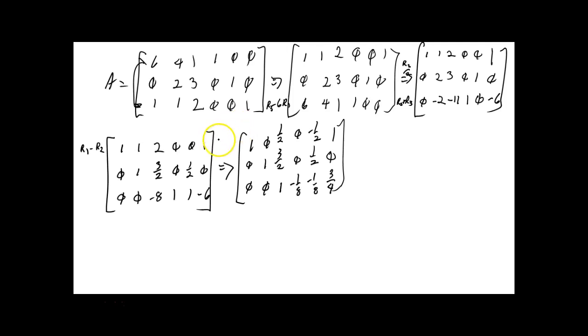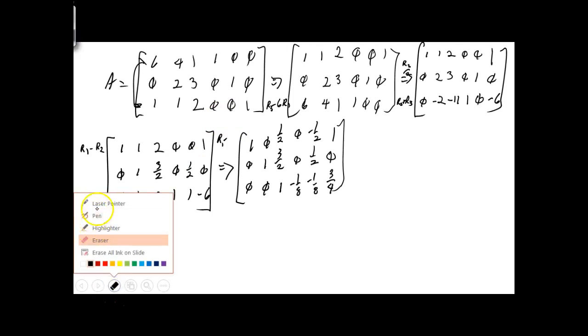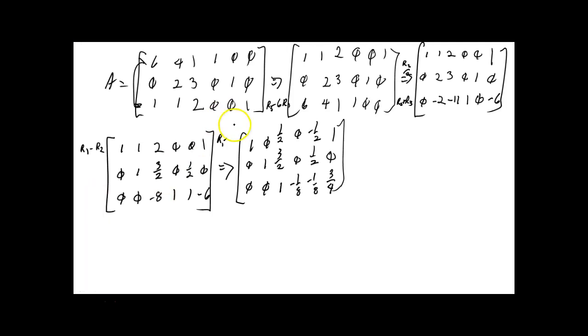Row 1 minus 1/2 of row 3. I'm going to change that just to make it easier to write as minus row 3 over 2.